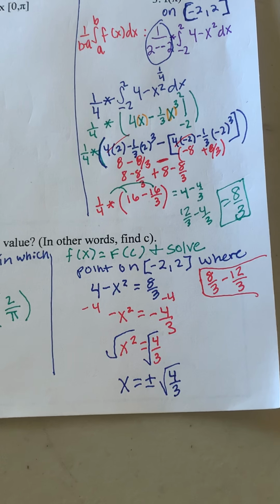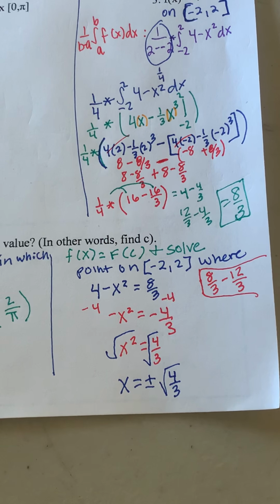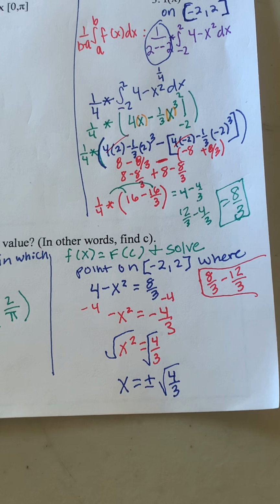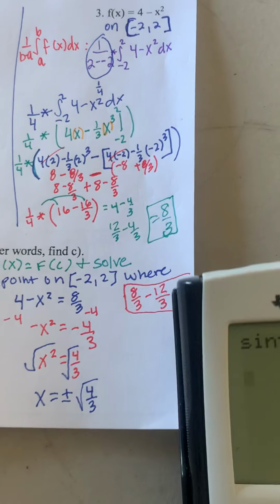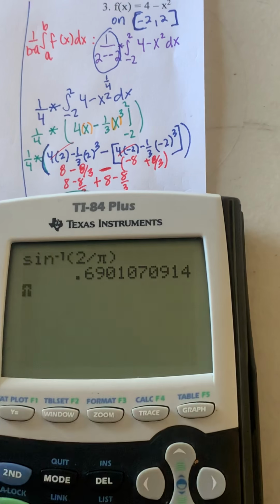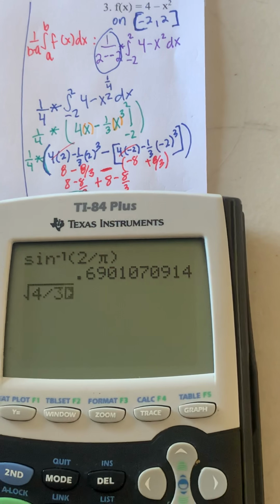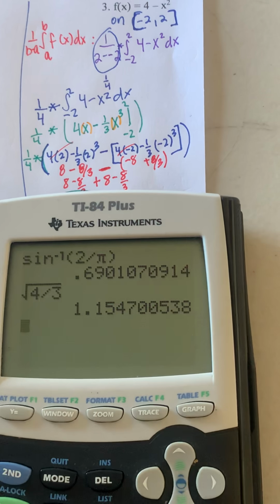Okay, and we need to see which one will fit on the interval. We have plus or minus the square root of 4/3. You definitely could rationalize that if you wanted to, but let's see which one will fit on the interval. The square root of 4/3 is about 1.15.